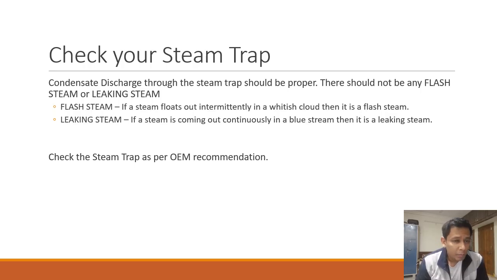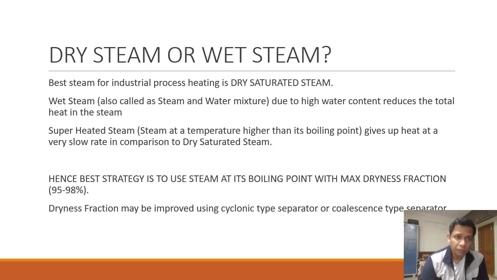And what is leaking steam? If steam is coming out continuously in a blue stream out of the steam trap, then it is leaking steam. In both cases, the steam trap needs to be replaced or repaired, and you need to follow the OEM recommendation for that.